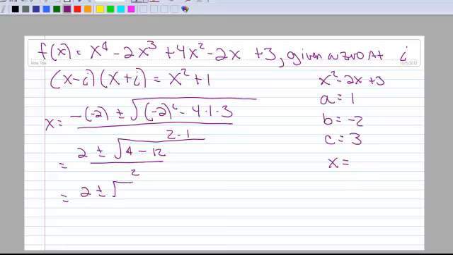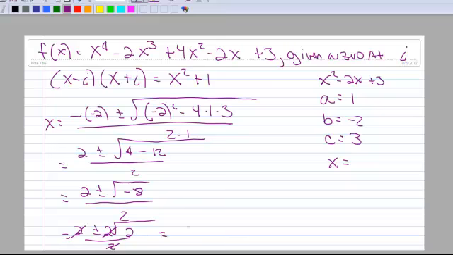And so underneath the radical, I've got a negative 8, and I expected it to be negative because it's complex, over 2, and I can reduce this a little bit. I've got 2 plus or minus, so 8 is 4 times 2, so I can go ahead and take out the 2, and square root of 2 all over 2. And then I can reduce 2, 2, and 2.